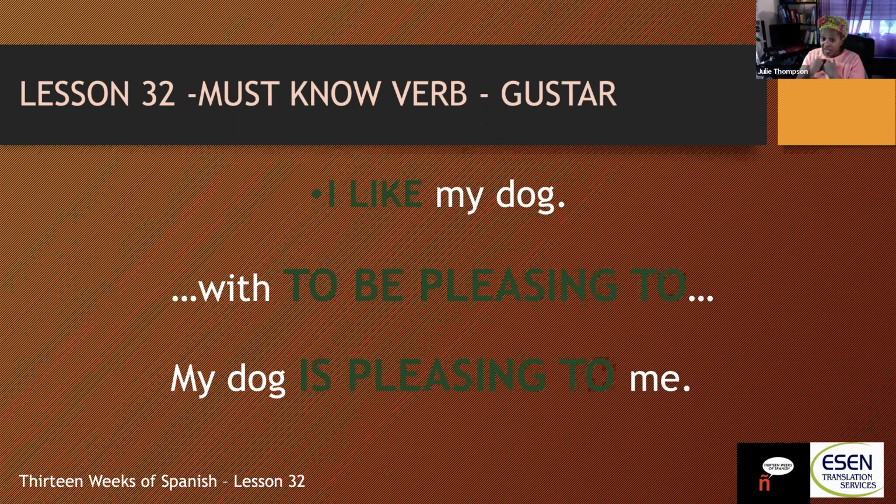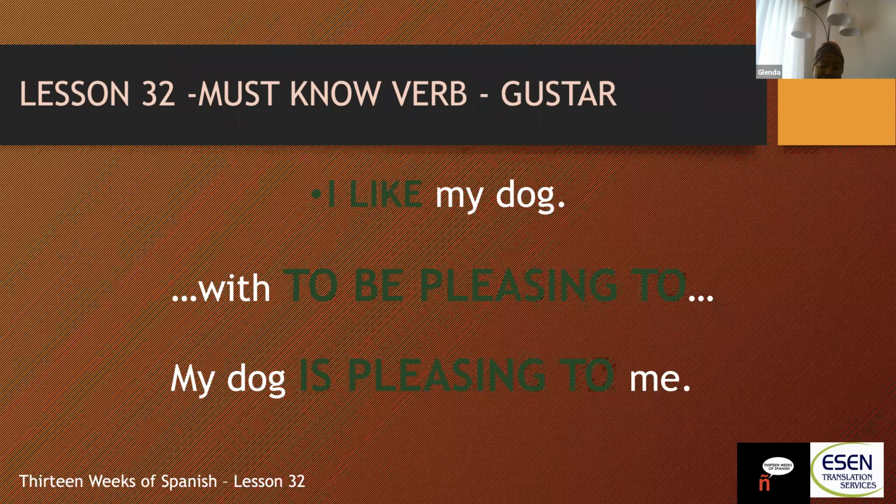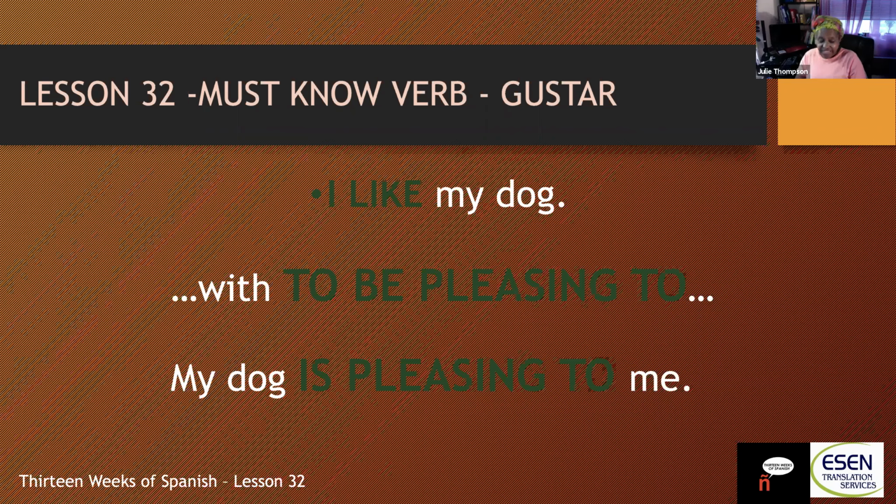And then the object is? Me. Yes, because now I'm receiving the verb. And yet they both mean the same thing. Do they both mean the same thing? In Spanish, they do.